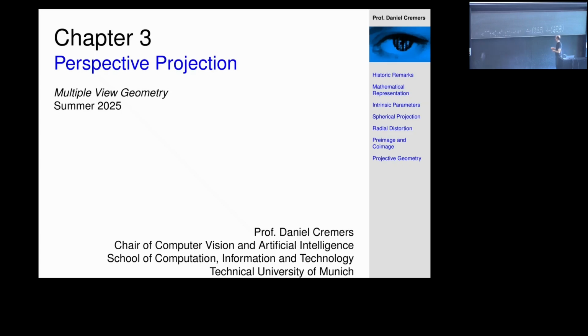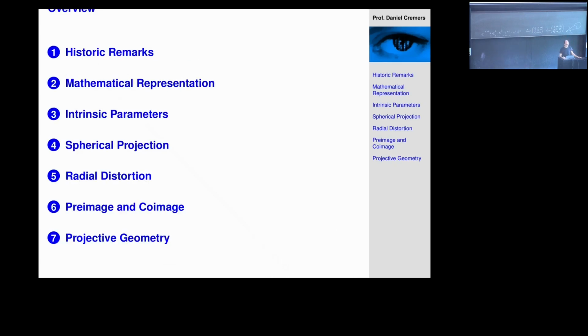The second element is that this world that I observe here, once I moved my camera in with a camera center someplace, then basically I see a projection of things projected onto my camera screen. And we'll discuss a little bit how that is done mathematically.